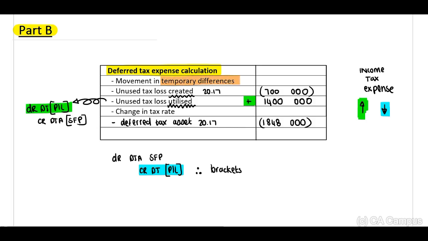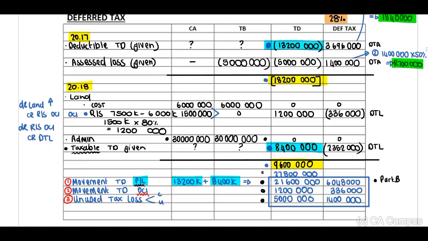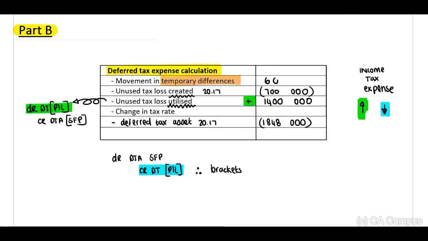Now this is the amount from our calculation. Remember, movement in temporary difference, profit and loss amount 6048,000. Now we need to transfer this. Now I'm going to indicate to my marker that this is in my calculation 1 for my marker to be able to follow, and I'm going to highlight this light orange.